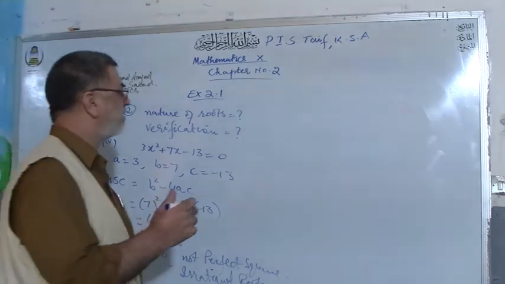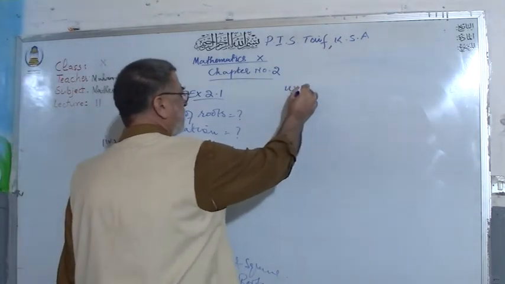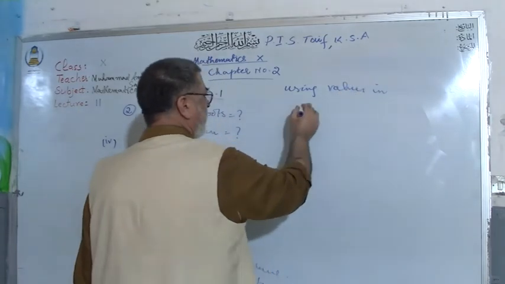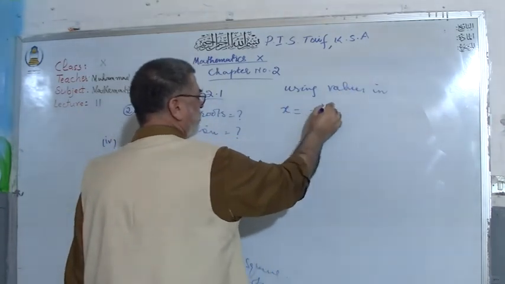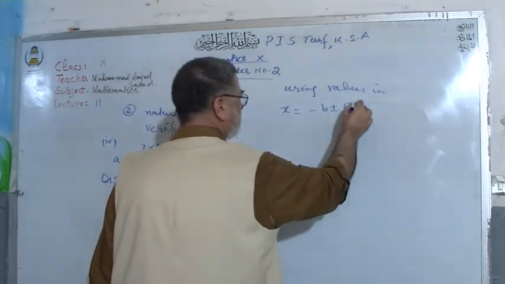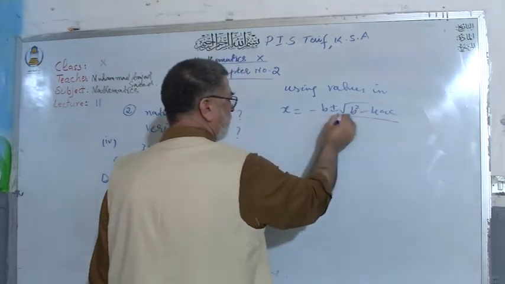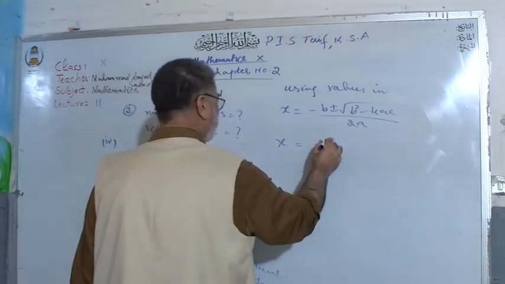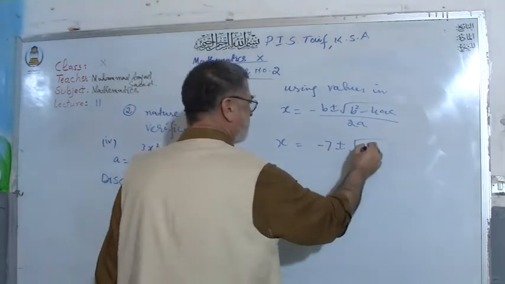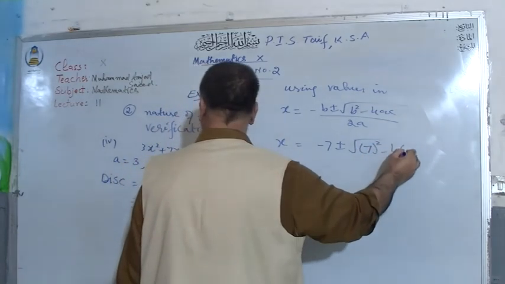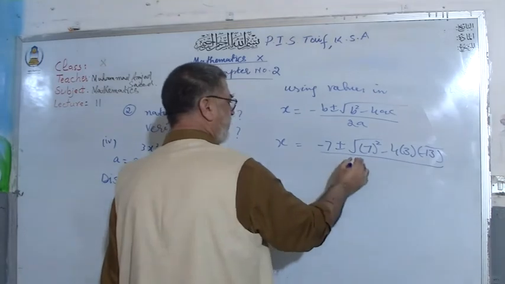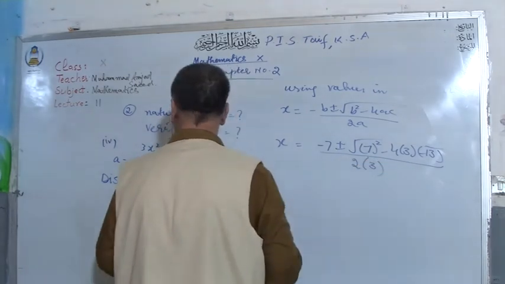So using the values in x is equal to minus b plus minus square root of b square minus 4ac over 2a, minus 7 plus minus square root of 7 square minus 4 into 3 into minus 13, divided by 2 into 3.